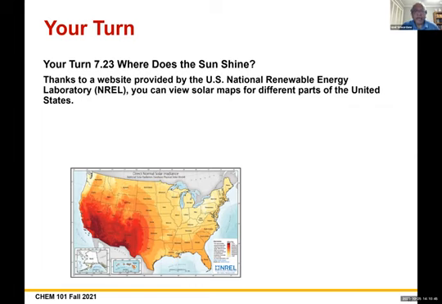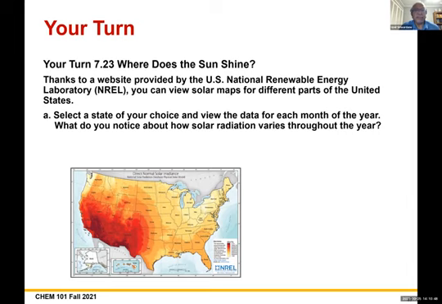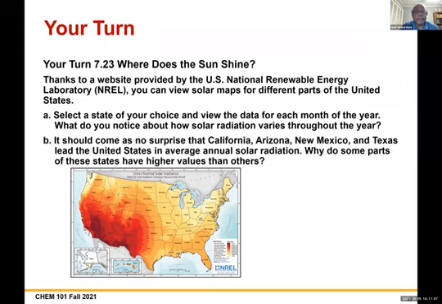It is because they have less cloud cover, desert areas, and high elevation. So they are ideal states for generating solar power. They could become efficient and produce more electricity from solar power.